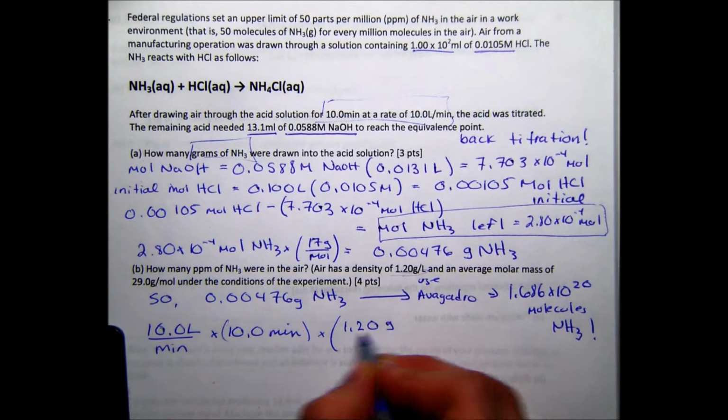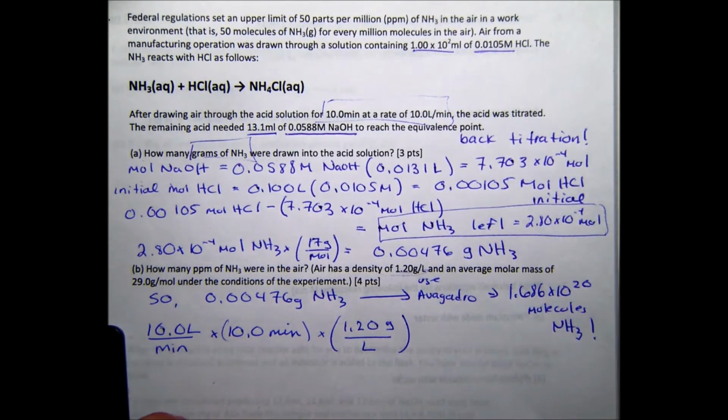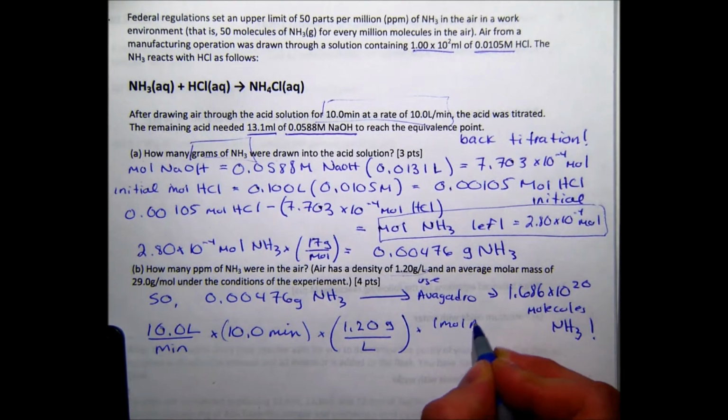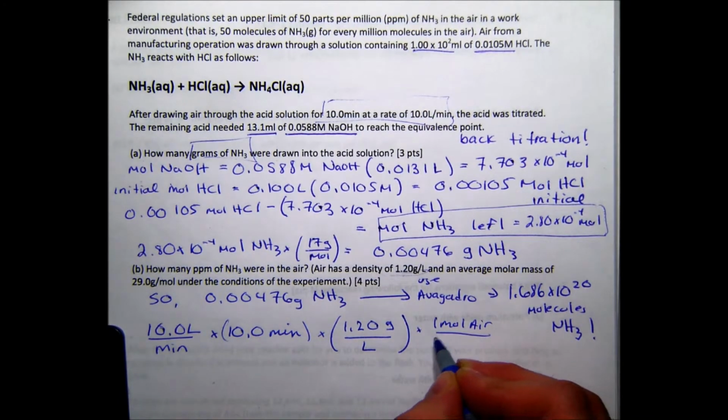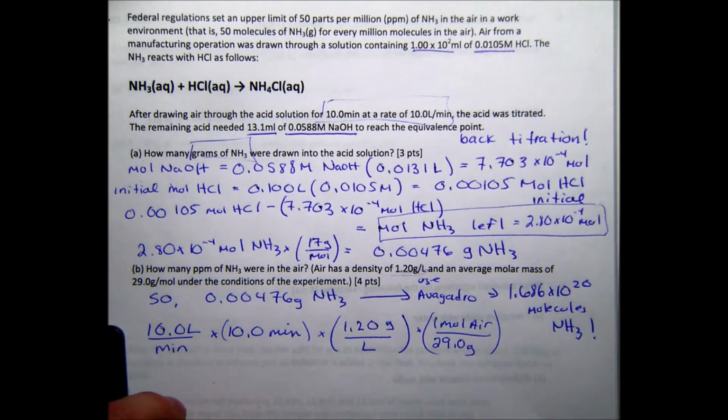So 1.20 grams for every liter of air. And now we can actually figure out the number of moles of air because we have an average mass. Remembering, once again, air is a mixture of nitrogen, oxygen, and some other traces. So fire that into the calculator.